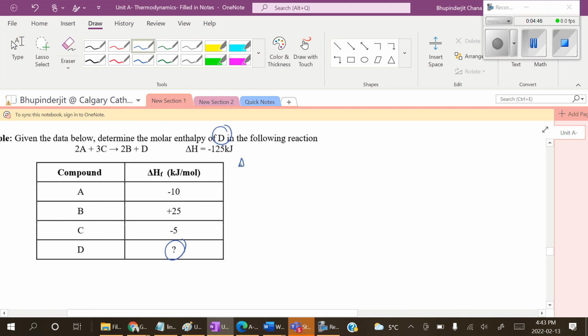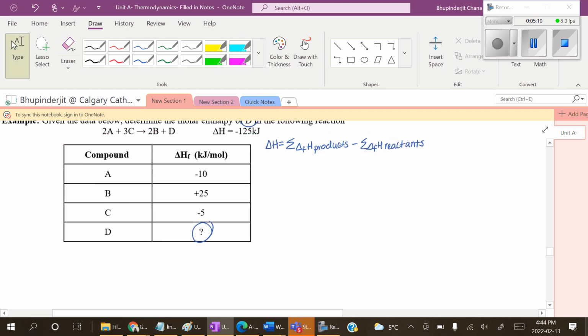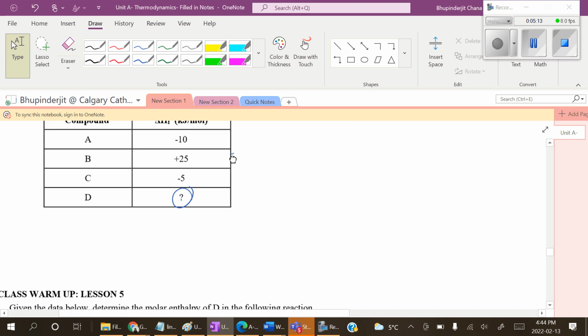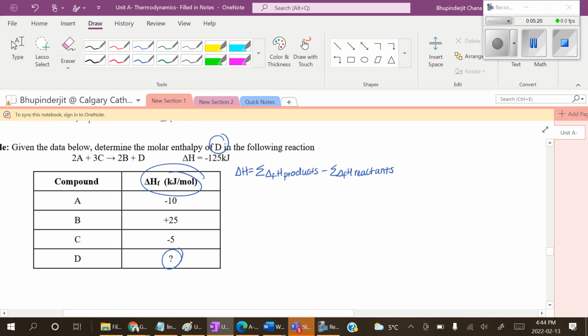Our formula, delta H, is equal to the sum of enthalpy of formation of your products minus the sum of enthalpy formation of your reactants. Okay, so we're going to pretend like this is representing page 4 and 5 in your data booklet.